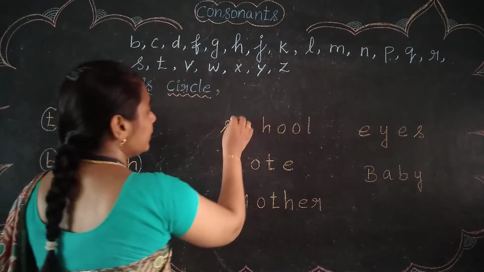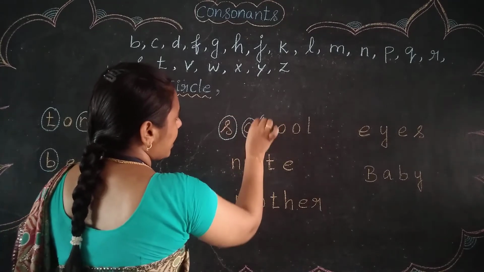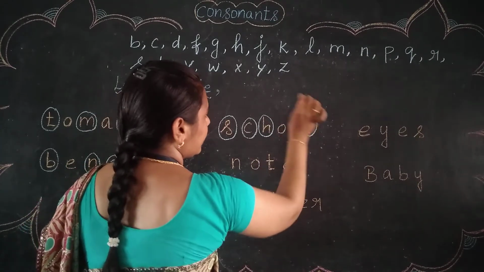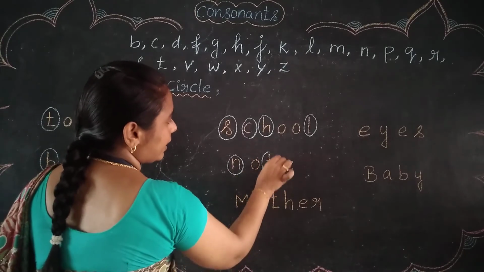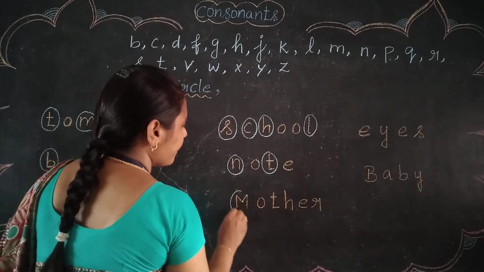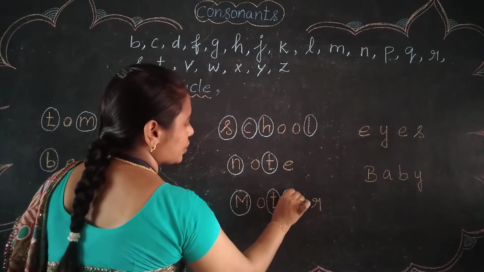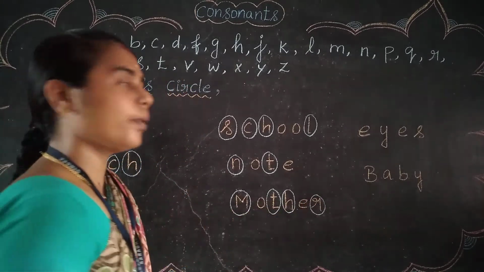See the word school? S, C, H, O is a vowel letter, leave that. L. Then note: N, T, right. O and E are the vowel letters. Next, mother: M, T, H, R. O and E are the vowel letters.